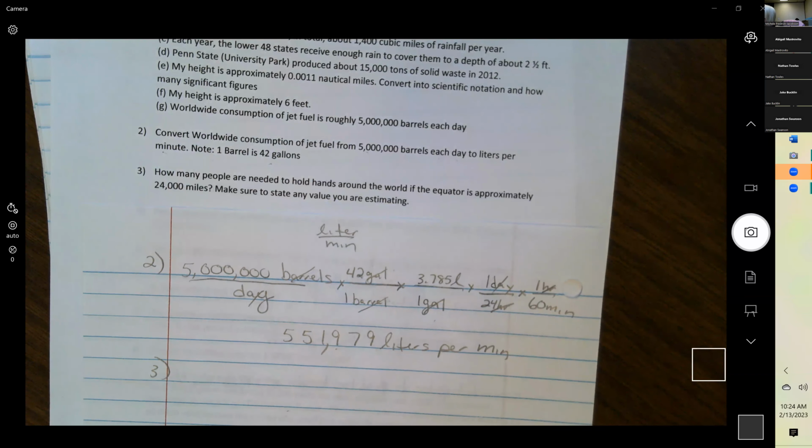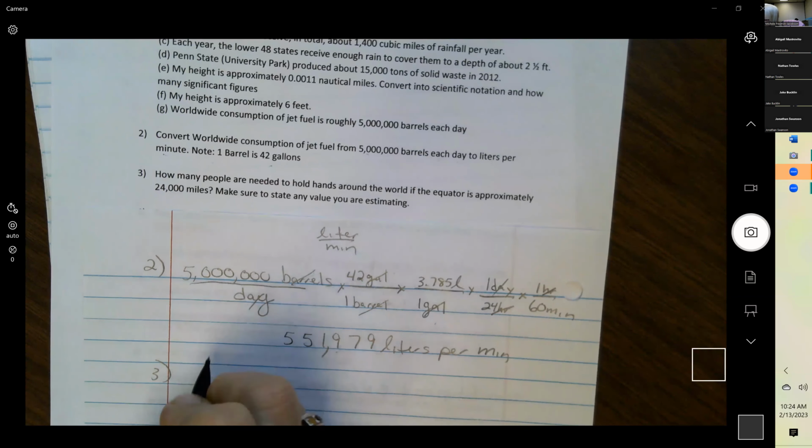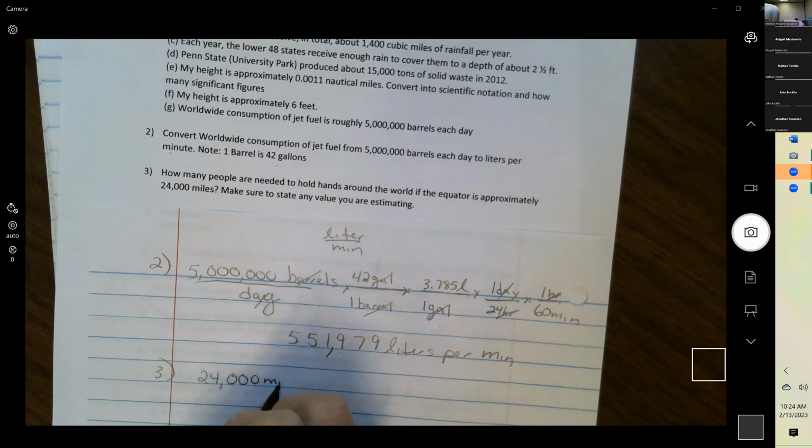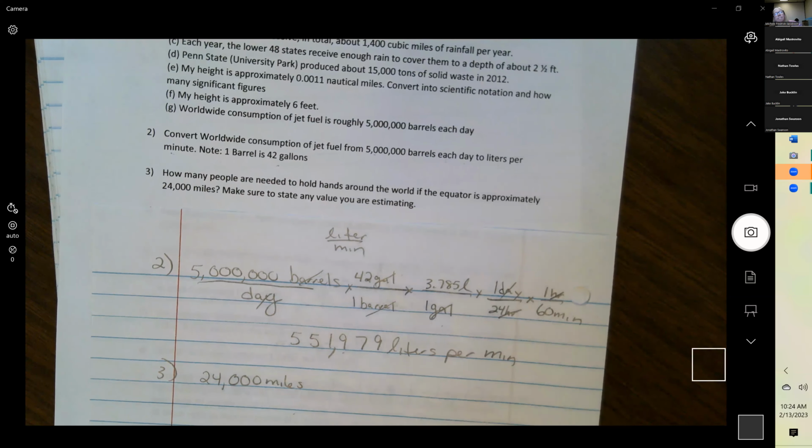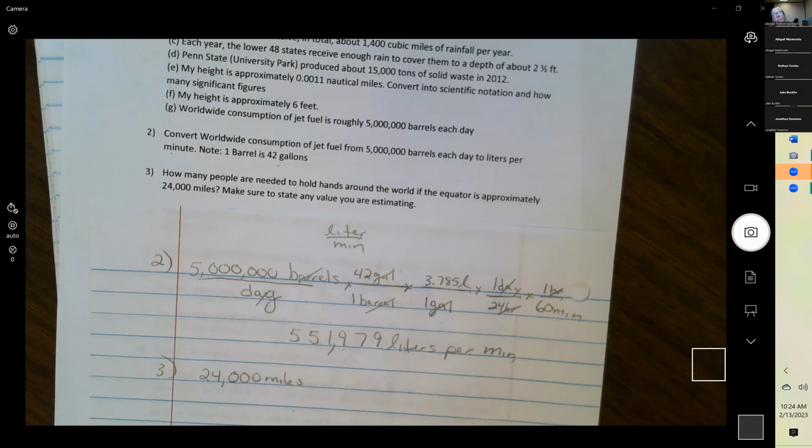How many people are needed to hold hands around the world if the equator is approximately 24,000 miles? What do we need to estimate if we wanted to solve this? Anyone? How long people's arms are if they're held out. Arm span.